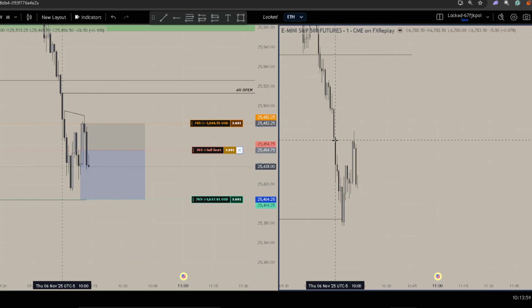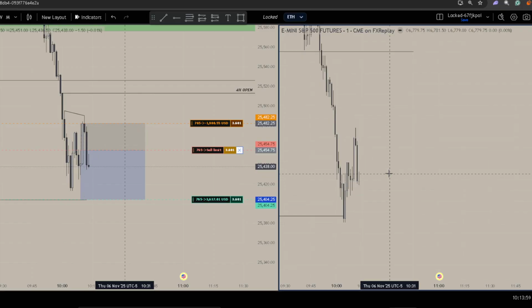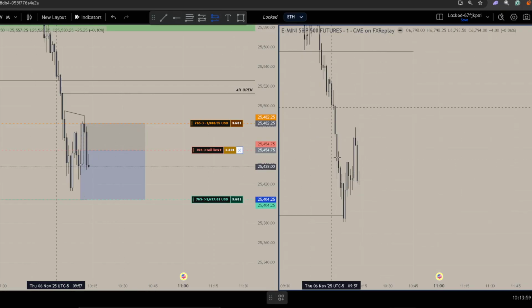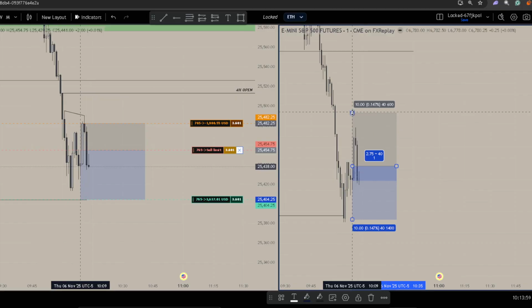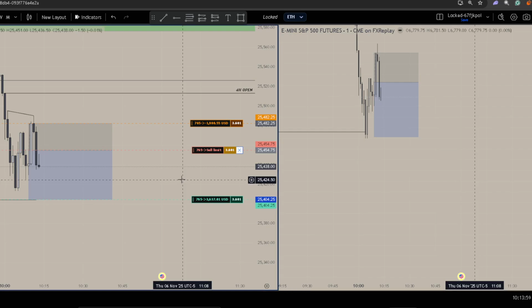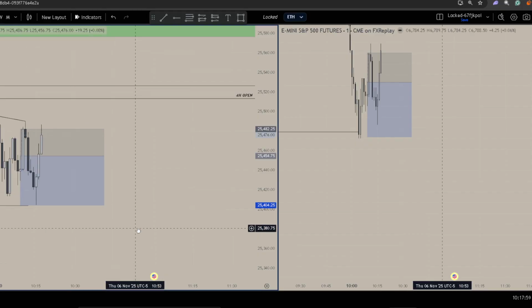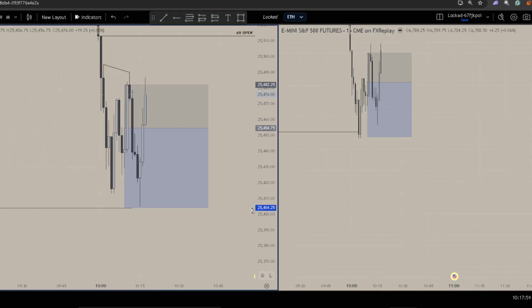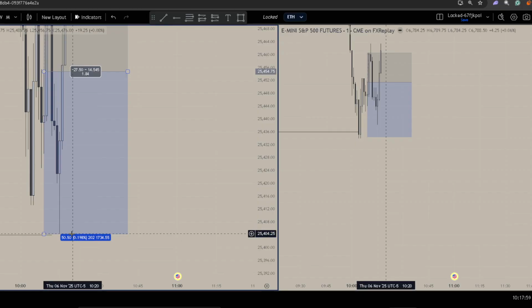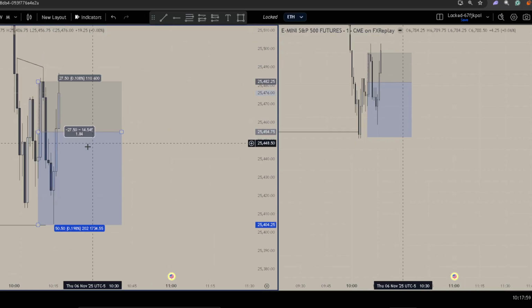Let's look at ES, see what's going on. SMT at the highs. Let me see, what's the RR on ES? About the same. Literally about the same. Damn, I should have got out. Are you dead ass? Bro. Okay, yeah, so it did get hit.